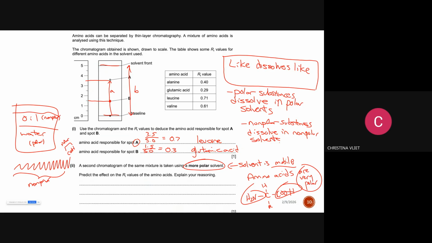What's the effect? The amino acids move farther, as they are more soluble in the mobile phase.